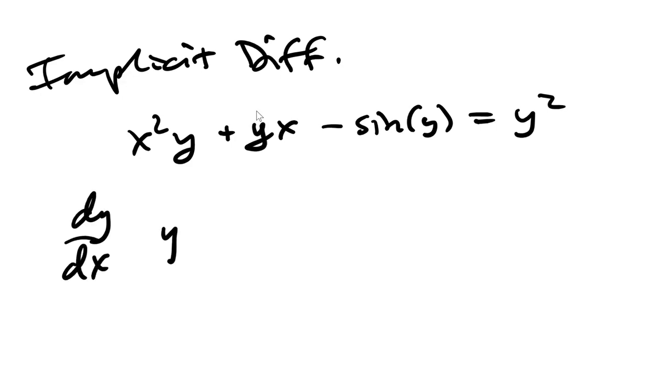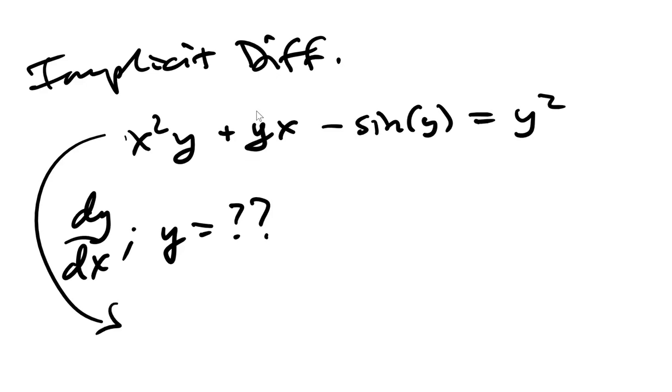But the problem is you can't solve for y here. So when you take the derivative, you take the derivative with respect to, let me make this a little easier.